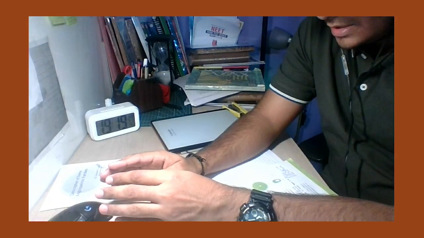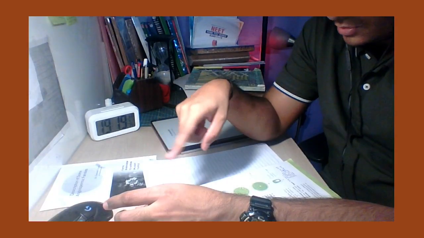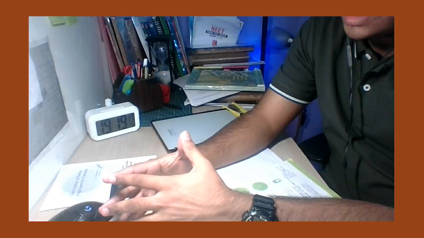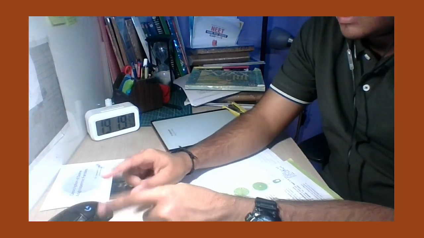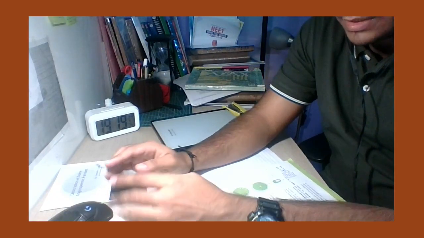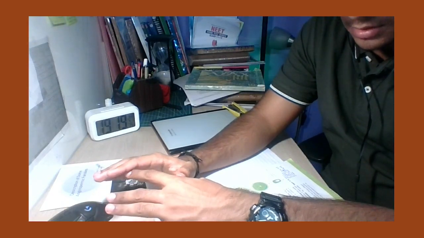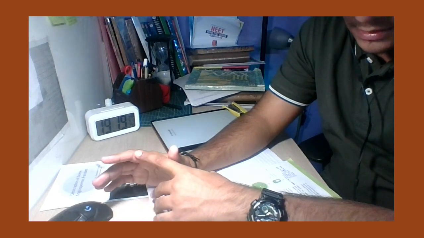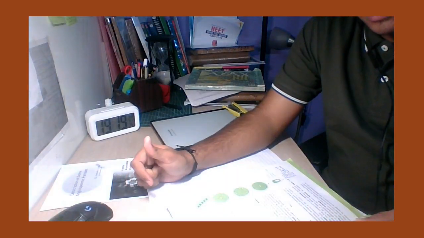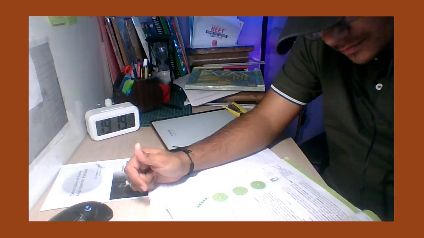Twisted is where one overlaps another, then another overlaps the next, and so on. In imbricate, everything is trying to overlap everything, so one is completely inside, and the others are overlapping. And there is also vexillary aestivation, also called papilionaceous.